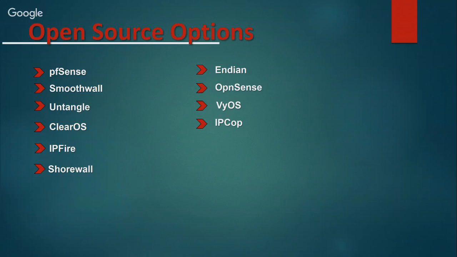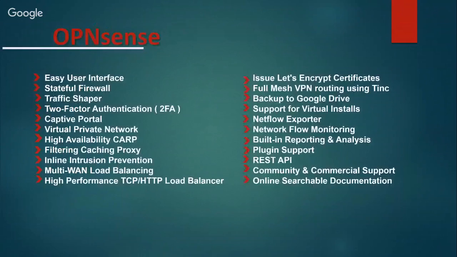The one I decided to go with was OPNsense. I just liked it. It seemed pretty straightforward. And these are a few of the reasons why. This is just on their homepage, but another big thing they offered was downloads for the Windows platform, for the Apple Macintosh, as well as for Linux.